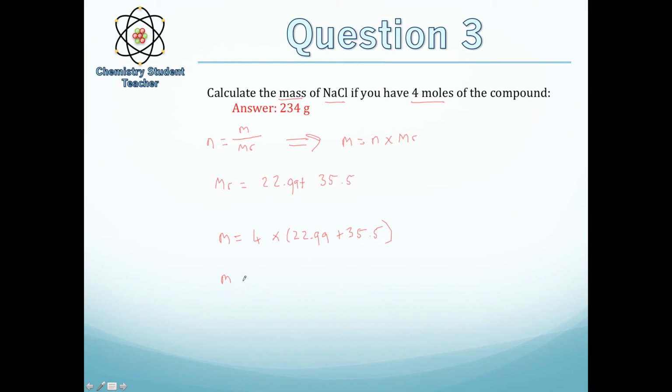So that gives an answer of mass equals 234 grams. Don't forget the units, as it's a mass, it's grams. That's how you get that. We use the same equation because we have mass, we can work out Mr from that, and we have moles.